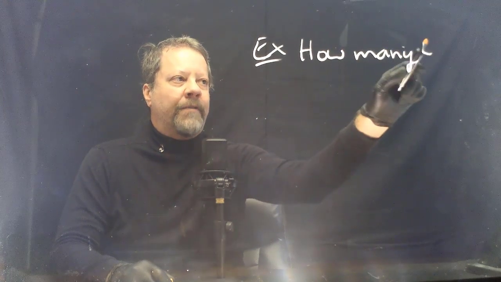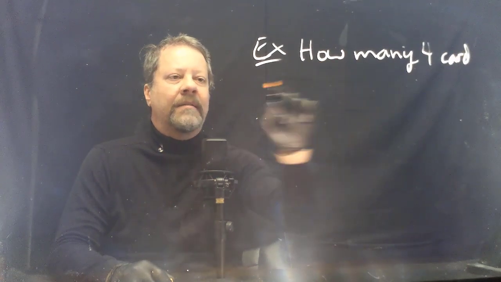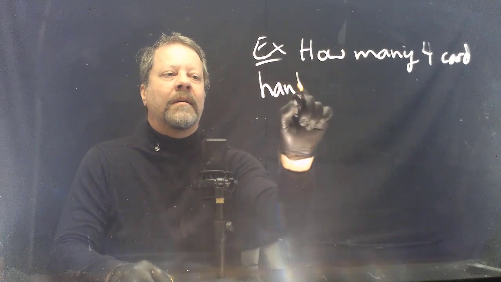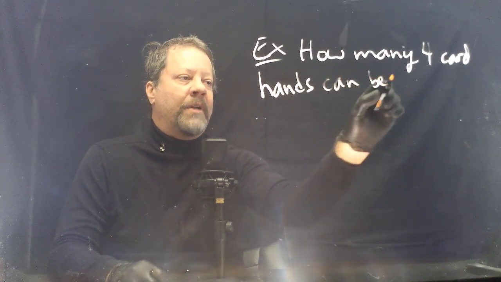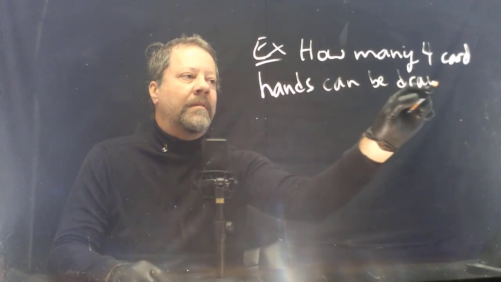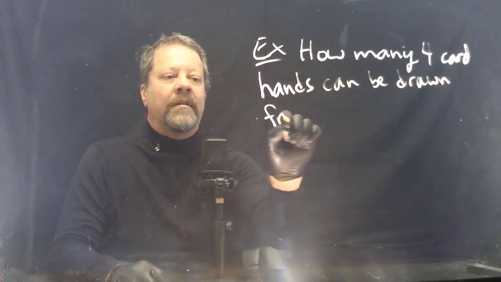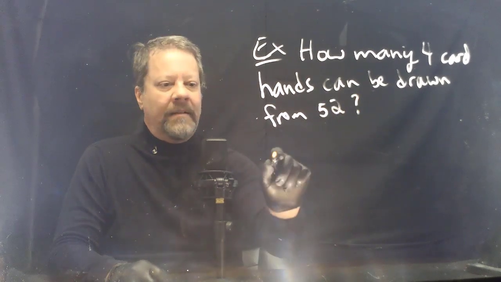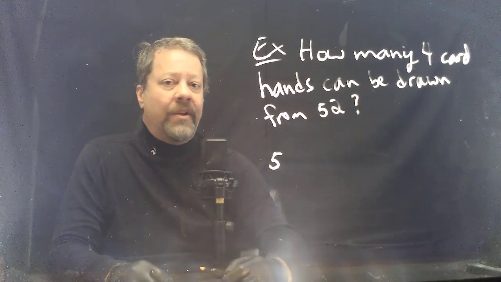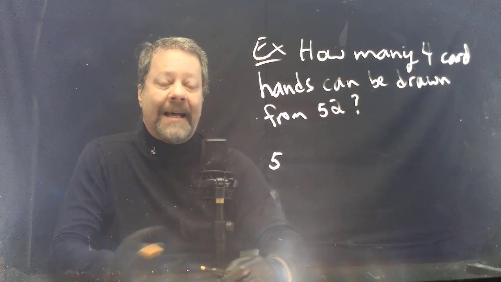As an example, how many 4-card hands can be drawn from a deck of 52? We'll assume here that the order in which the cards are chosen is not important.